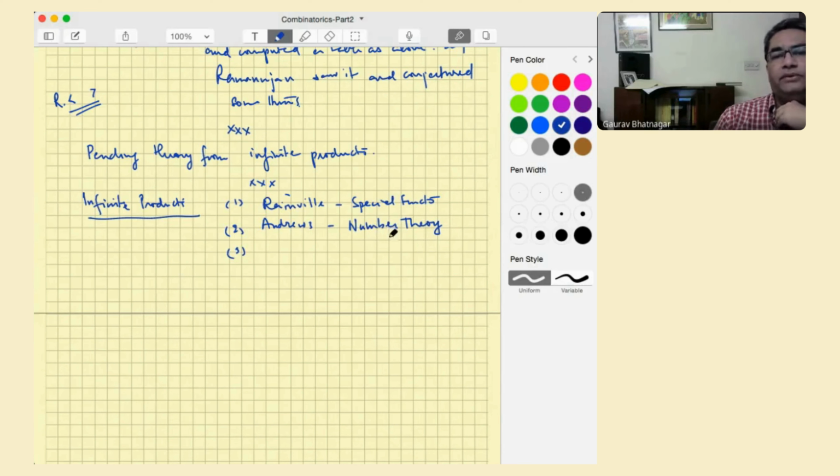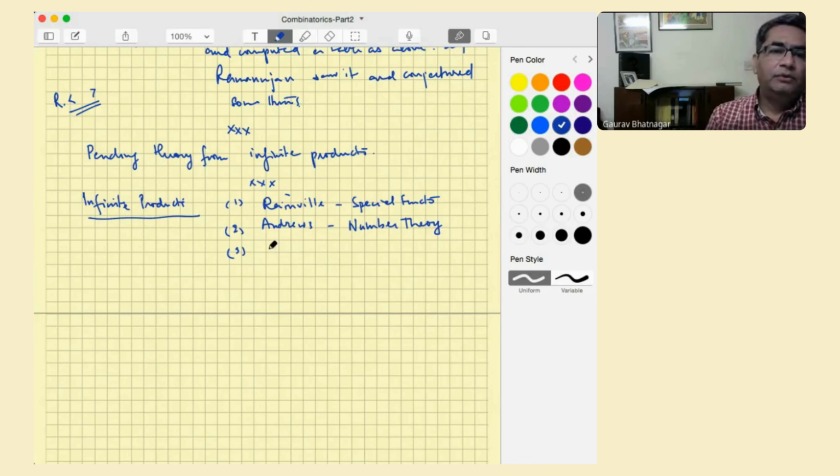He has a number theory book, which I read when I was in undergrad, and it wasn't so popular anywhere else except in India. Our teacher used it, and it had a combinatorial view of number theory. So everything was combinatorial over there. Andrews was Rademacher's last student. Hans Rademacher was a famous analytic number theorist, and then Andrews took over. He's a leading expert in partitions.